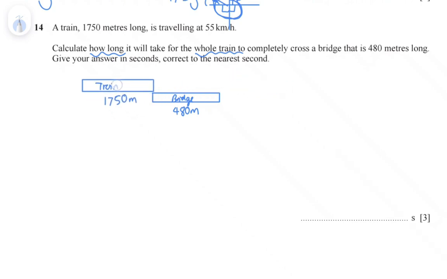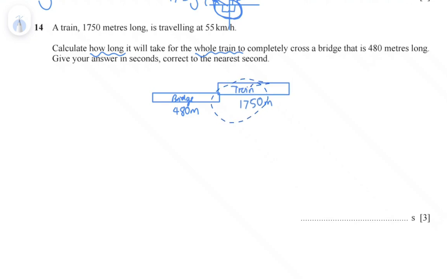So in total, this is 480 meters to get from here to here, then 1,750 meters to get from here to here. So we know that total distance. Let me just draw a dotted line to represent the start of the train.